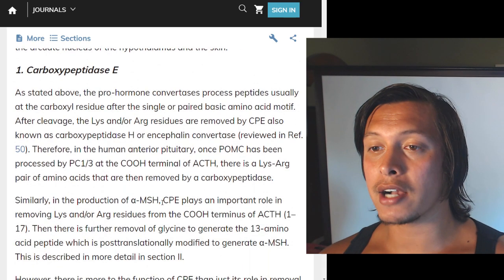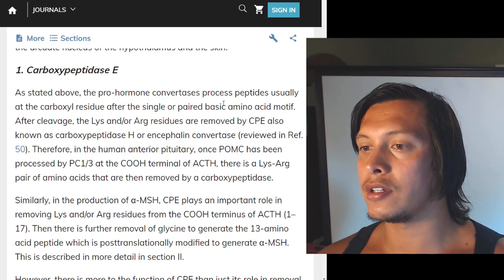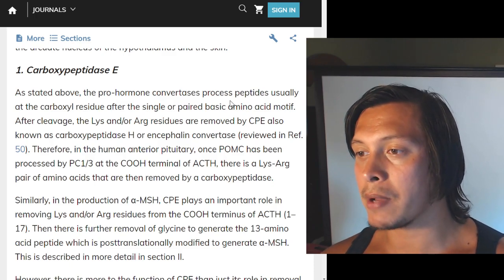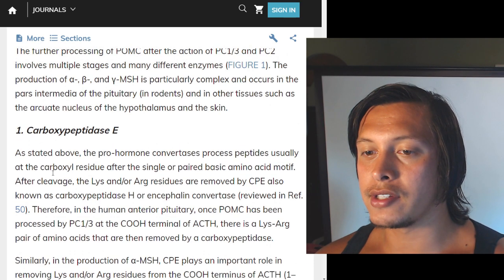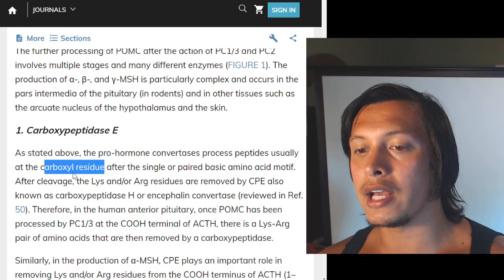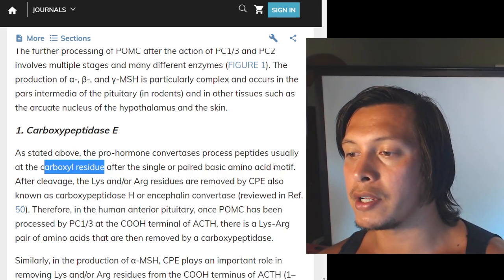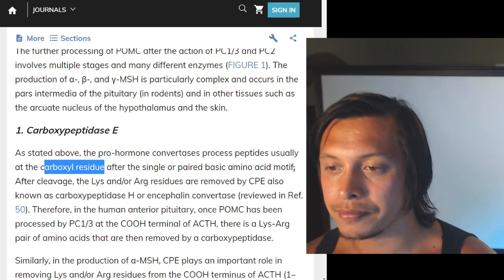Anyways, carboxypeptidase E. As stated above, the prohormone convertases process peptides usually at the carboxyl residue after a single or paired basic amino acid motif.